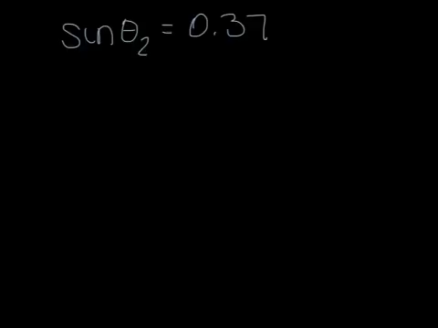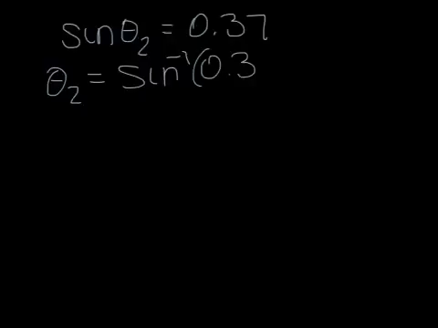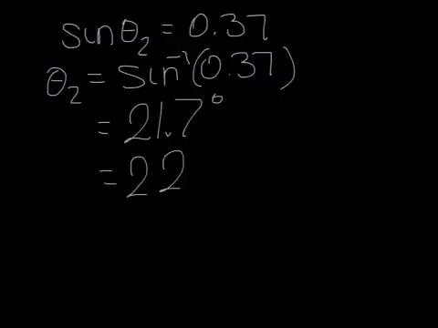So we know the sine of theta 2 equals 0.37, so that means theta 2 is equal to the inverse sine of 0.37, which is 21.7 degrees, and I am going to call it 22 degrees.